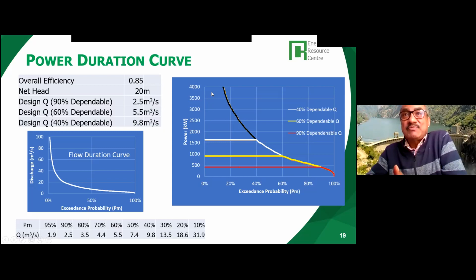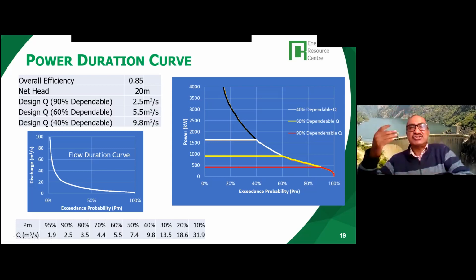This is what is known as the power duration curve. Depending on the design discharge, your dependable energy generation will vary in this way.